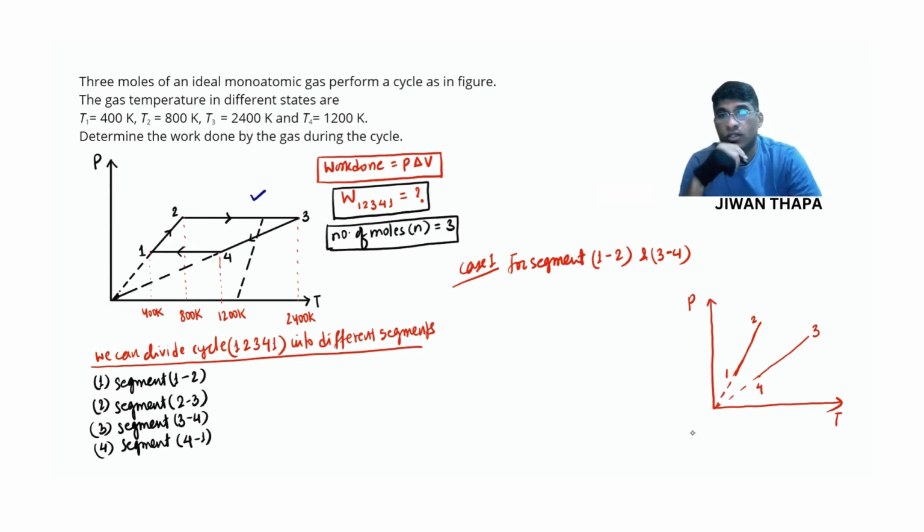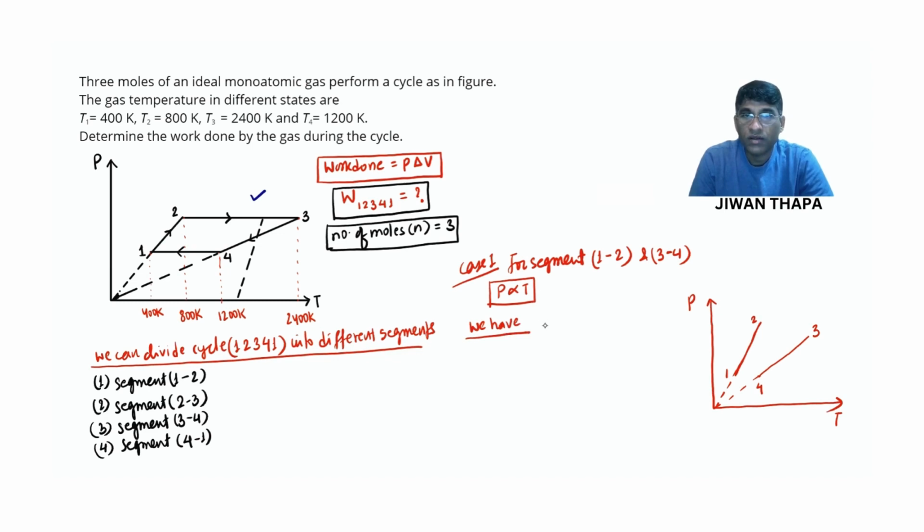What we find for segments 1, 2 and 3, 4 is that pressure is directly proportional to temperature, which holds for constant volume.